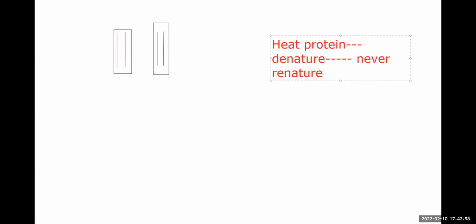The moment you heat an egg white, it becomes an omelette or whatever you say, and it can never come back. It is denatured, right? What we eat as sunny side up or omelette are denatured proteins, albumin. Similarly is the case with carbohydrate. If you burn the sugar, it will never come back. Lipids, oil, same thing. You heat them, they will not come back. But DNA is something very unique.